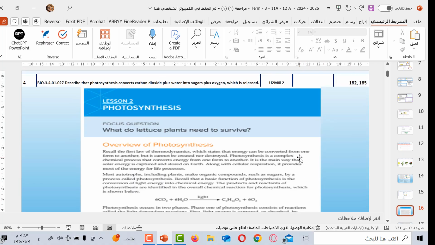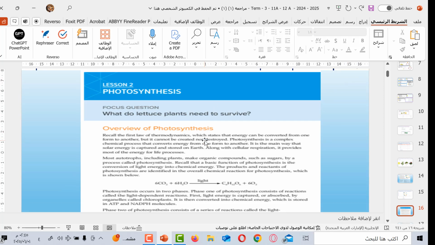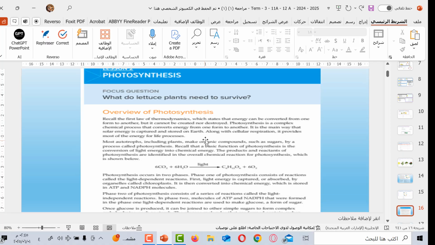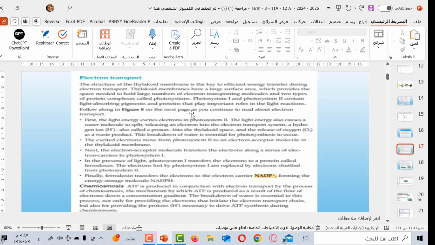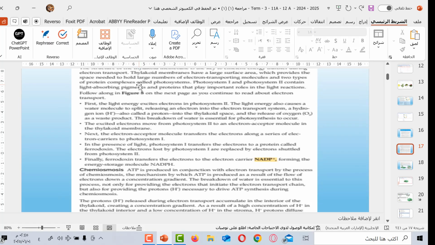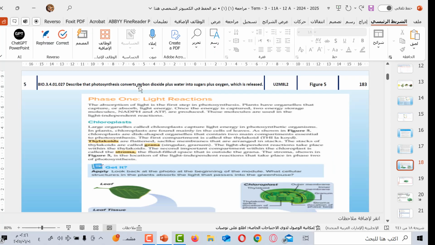The fourth one of AUT is taking this whole page of 182 and 185. 182 studies the overview of photosynthesis, and 185 is the overview of the electron transport.